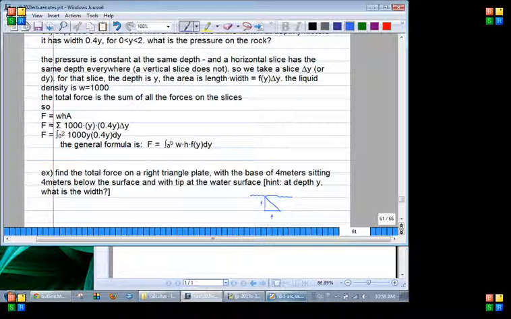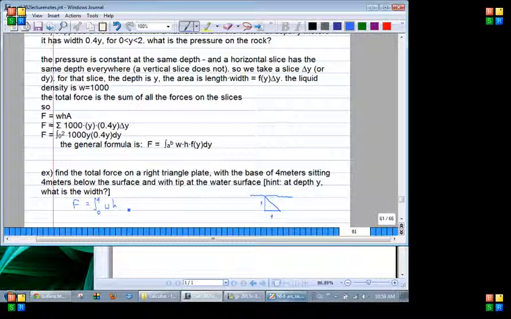Okay. So how do we find the force? It should be the integral from 0 to 4 of W, H, and then this is going to be A, but we know since we're integrating, we need to break this up as, I guess, let's see.